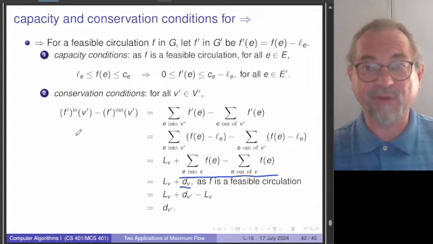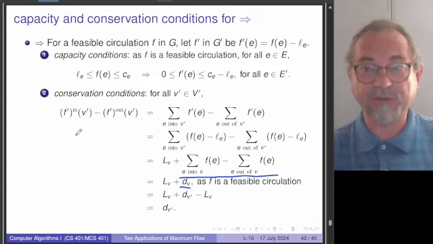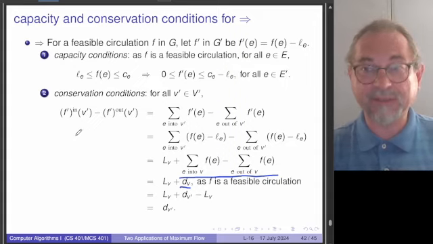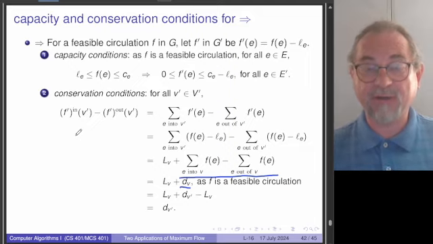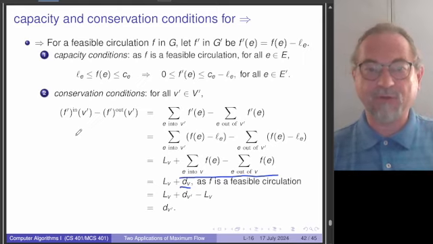So for every vertex in the new graph, G prime, we formulate the conservation conditions on the vertices. And then we apply the property that on the original problem, we do have a feasible circulation. So actually we are meeting everything. So we are having what comes in goes out.